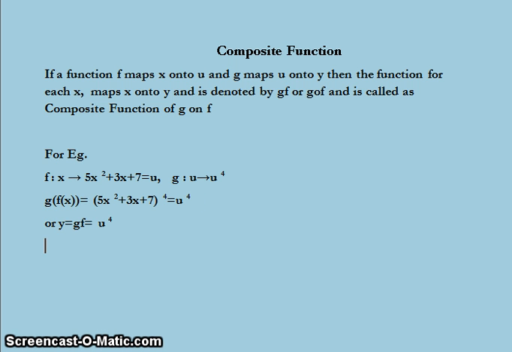Or let y be the composite function of g on f, which is denoted as gf, equal to u to the power 4, where u is equal to 5x square plus 3x plus 7, and dy by dx is equal to dy by du into du by dx.